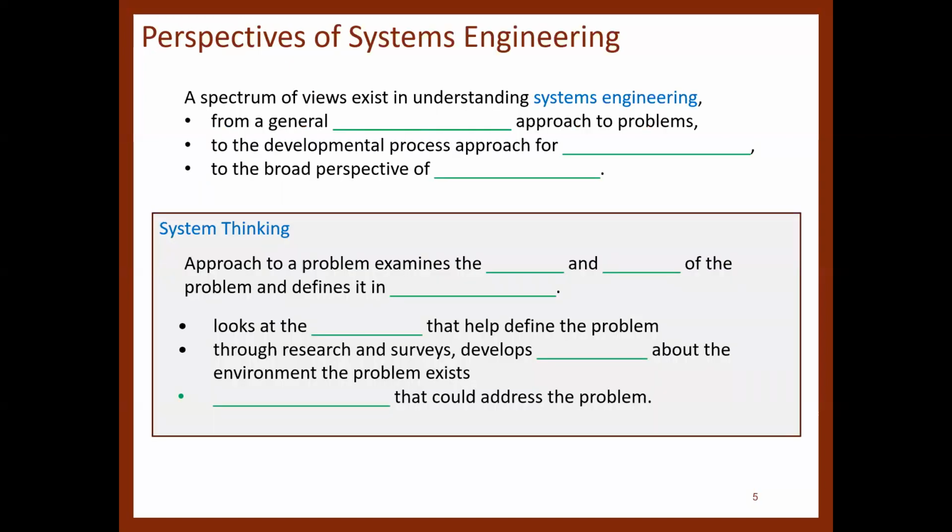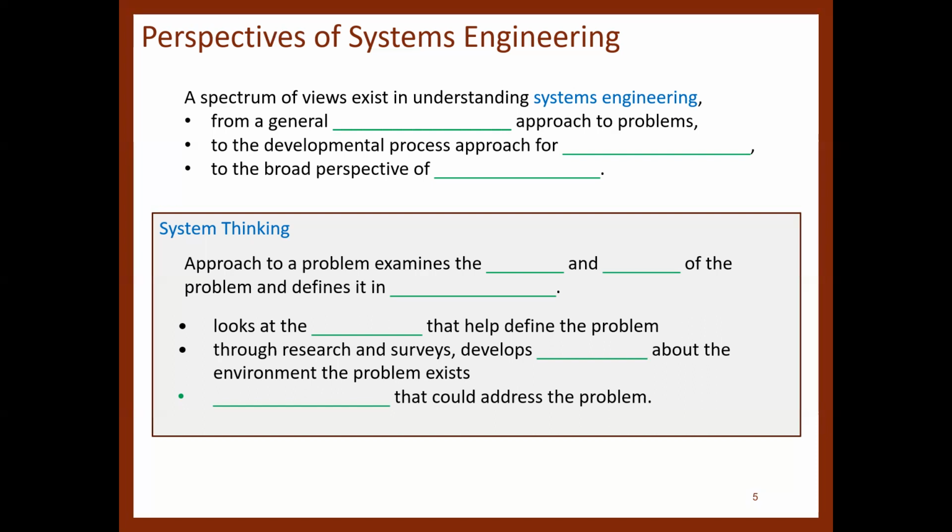A spectrum of views exists in understanding systems engineering. So far we have talked about the point of view of a systems engineer, the interdisciplinary environment, the goals of a systems engineer in terms of leading a multidisciplinary team to achieve the development of a complex system.